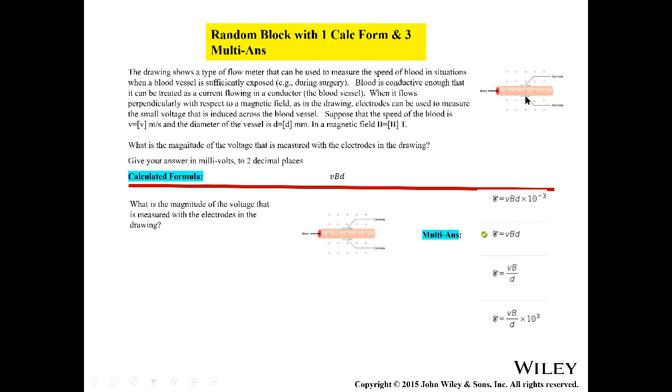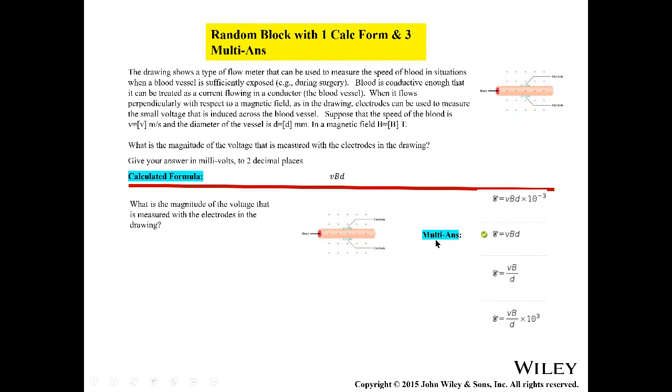Your instrument will measure the current that flows. Therefore, you know the voltage across this. They want to know the magnitude of the voltage that is measured with the electrodes in the drawing, and you just use VBD.